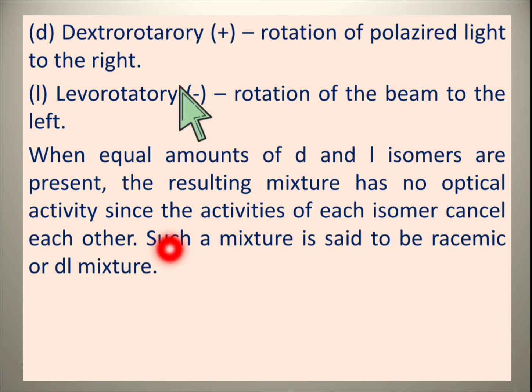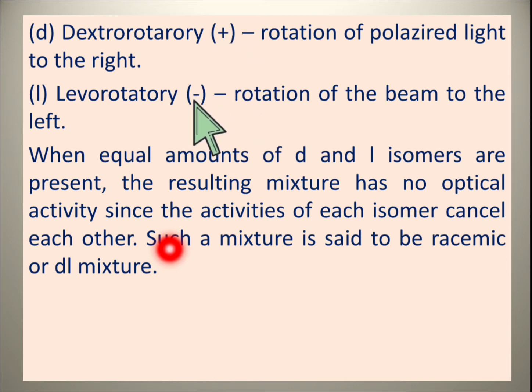It is said to be dextrorotatory if it rotates the polarized light to the right, and is usually indicated by a plus sign and a small d. Okay, small letter d, and levorotatory, small letter l, when the polarized light is rotated to the left. Okay, and is usually designated by a minus sign.